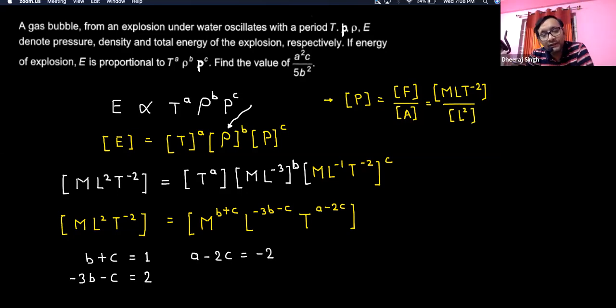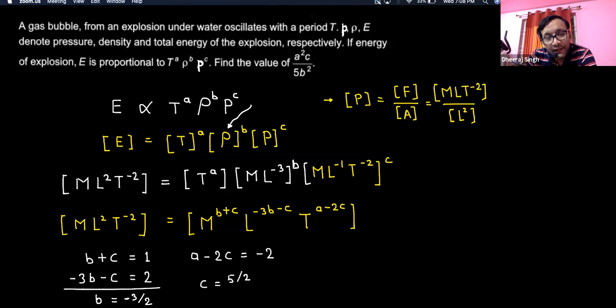How many of you got these three equations? Okay, great. Using these equations, you'll get the value of B is equal to minus 3 by 2. So C will be 1 plus 3 by 2, that is 5 by 2.